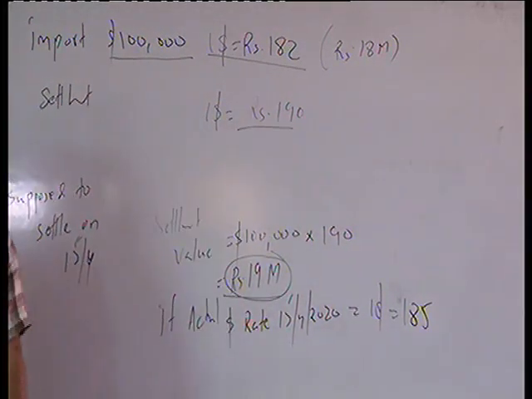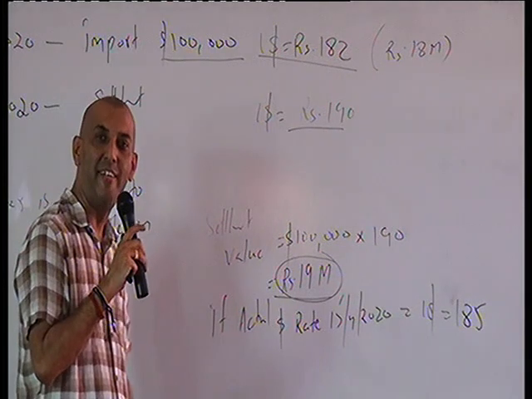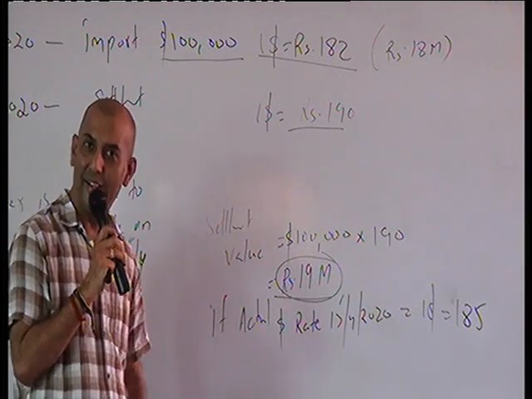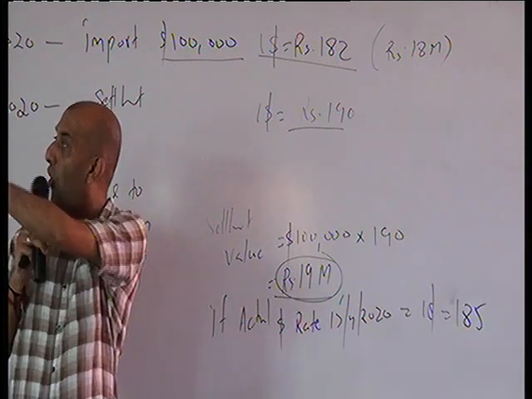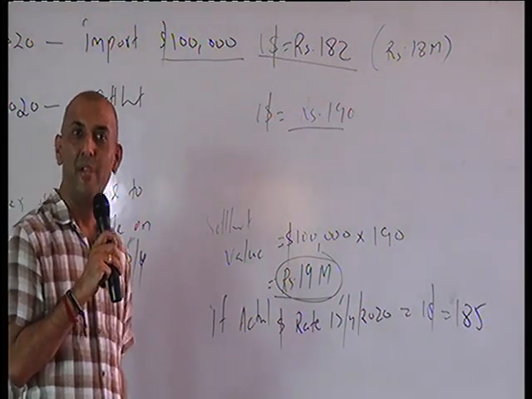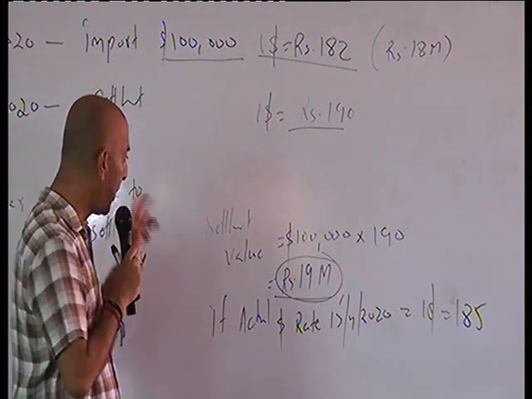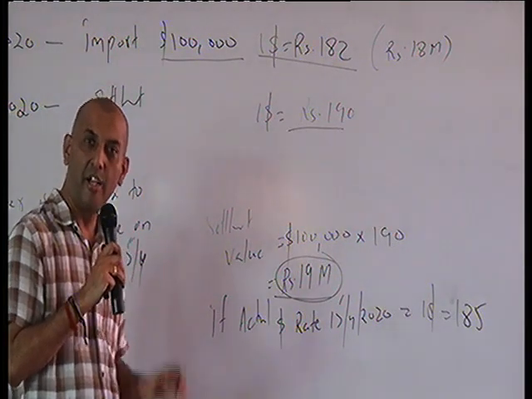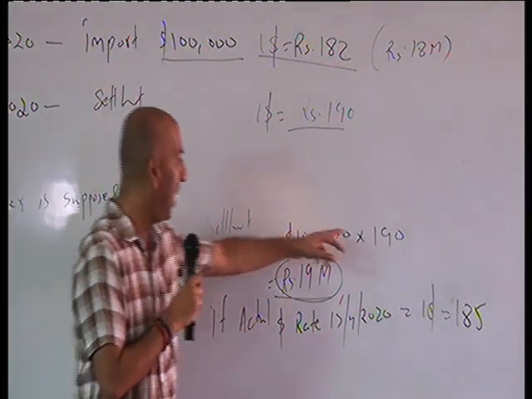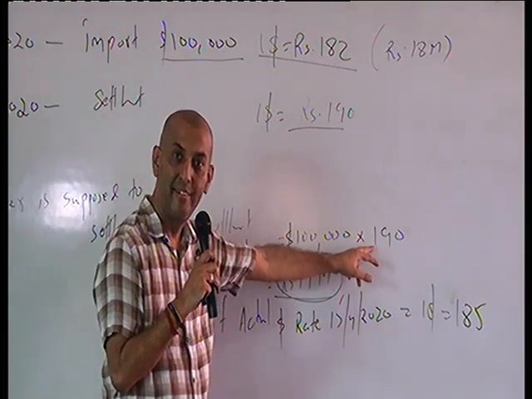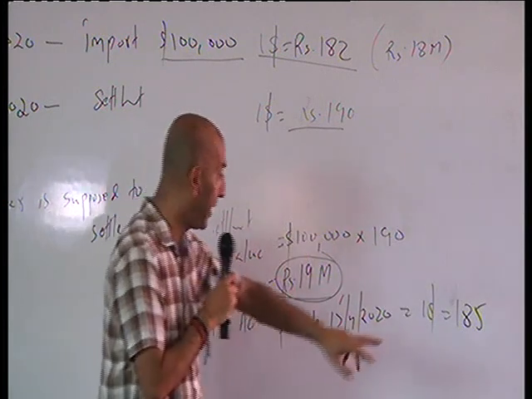If your actual rate becomes 185 on 15th of April, you have entered with the bank into a forward exchange contract. Bank will say on 15th of April, according to our contract, please buy the dollars at 190, even though the market rate is 185.